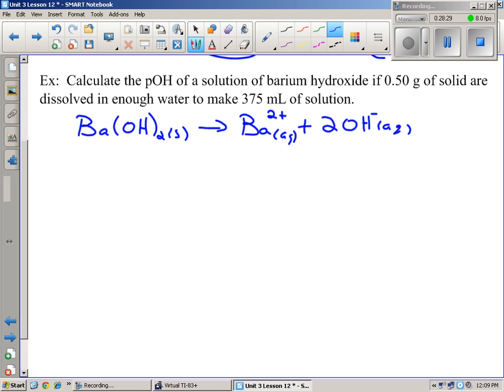So do I need to add water to it to get hydroxide? You need to put it into water so it breaks up to give you hydroxide, but there's already hydroxide built into this, right? Remember the other day, so this is fine. This is part of his modified definition of what a base is.